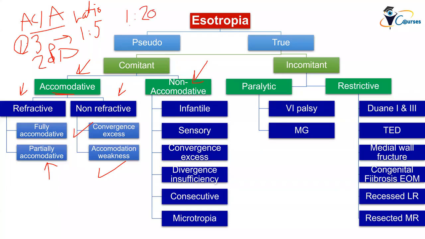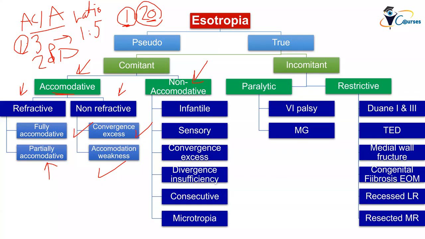Meaning that for each 1 diopter of accommodation, he exerts 20 prism diopters of convergence. This results in the patient having esotropia that appears only in near. So when he is looking at a near target, he is exerting only 1 diopter of accommodation, which will result in more convergence in the near. So this will be one category, convergence excess.